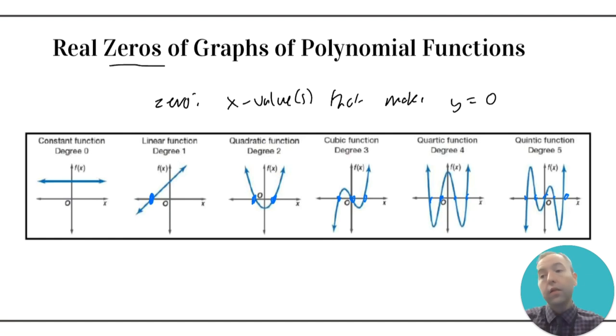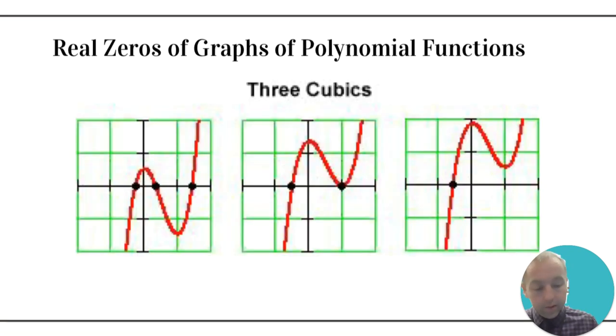So the number of x-intercepts that a polynomial function could have is going to match up with exactly the degree of the polynomial, right? So just note that, right here, here are 3 cubic functions. There's going to be some y equals x to the third plus whatever equation that can make each of these 3 graphs, right?